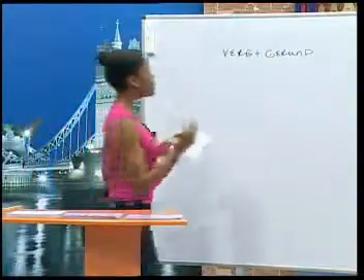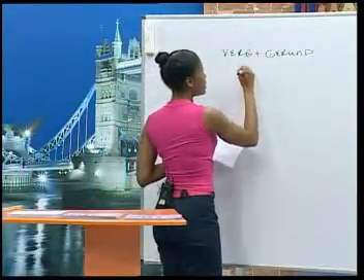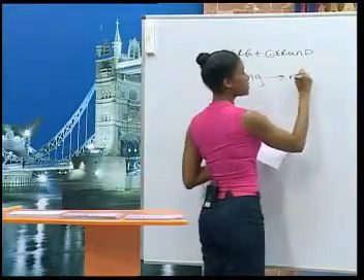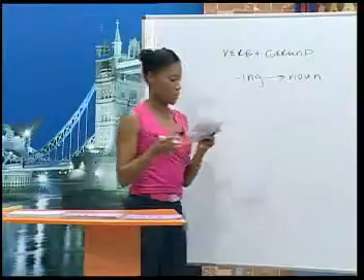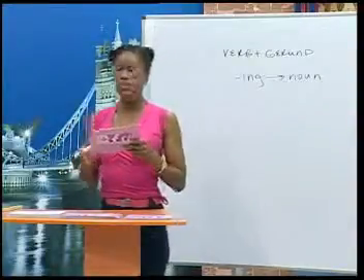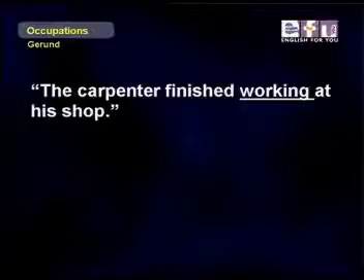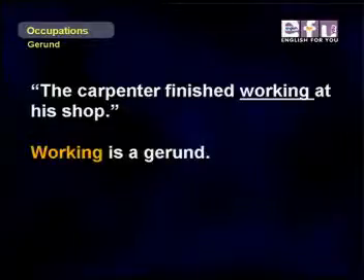So the gerund is an ing form of the verb, and it's used as a noun. There is a gerund in each of these sentences. Take a look. The carpenter finished working at his shop. So in this sentence, working is a gerund.